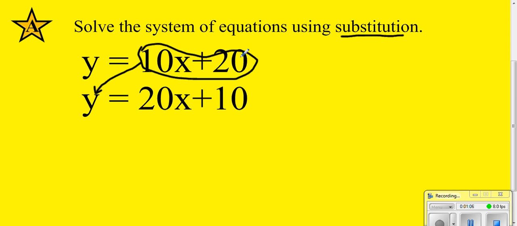Alright, since 10x plus 20 is y, I'm going to substitute that in. So I'm going to rewrite the equation 10x plus 20, because that is y right now, equals 20x plus 10.